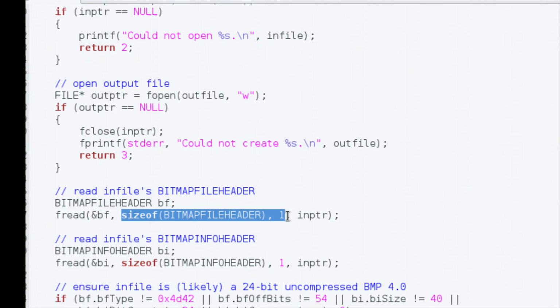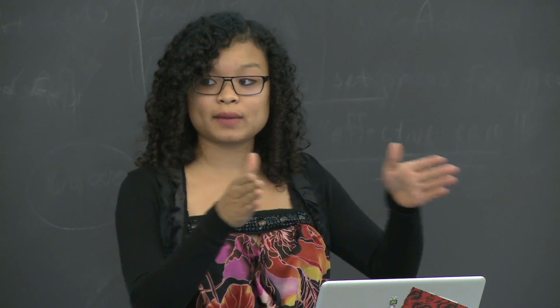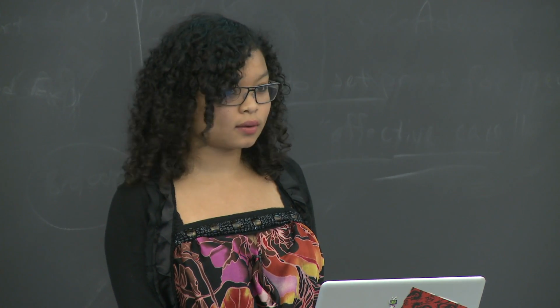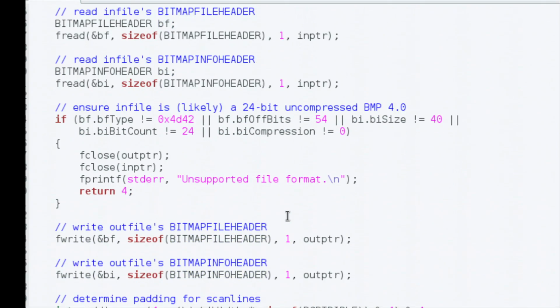Well, we read basically how many bytes we need to contain the whole bitmap file header. Similarly, that's what we do for the info header. So we're continuing along our file in the infile, and we're reading those bits and bytes, and we're basically plugging them directly into these instances of the variables that we're making. Here we're just making sure that the bitmap is a bitmap.